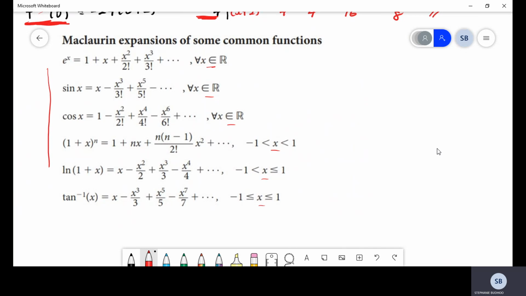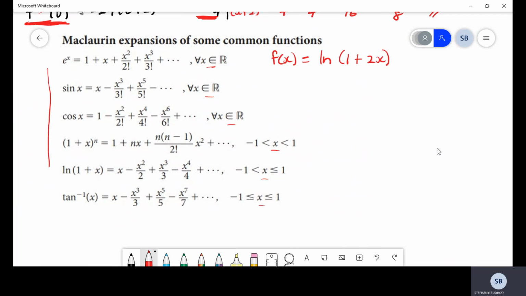They are called standard expansions when you are given some standard functions. So if the question gives you, for example, a function, say, let's see which one. What if they give you a ln of 1 plus 2x?